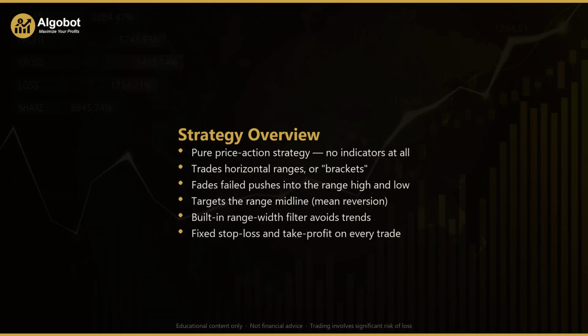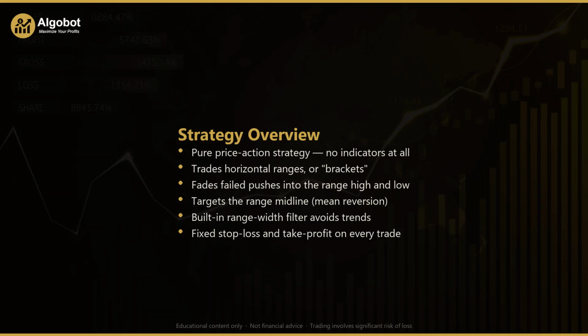Everything the EA knows comes from raw price data alone: the open, high, low, and close of each candle. There are no indicators, no oscillators, no moving averages, and no volume readings involved. The strategy builds its own support and resistance by scanning the highest high and the lowest low over a recent lookback window.